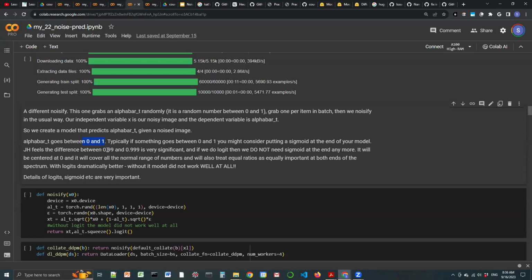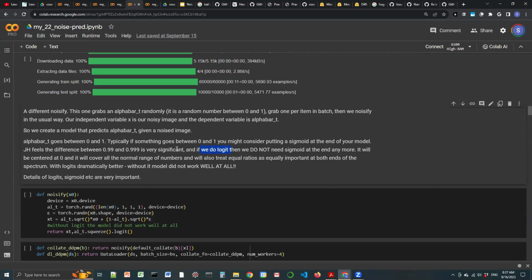One is he says that he wants the ratios to be important. And then the other is more of an empirical reason, that if he does logit, then he finds that this network that he set up actually works and does something useful.